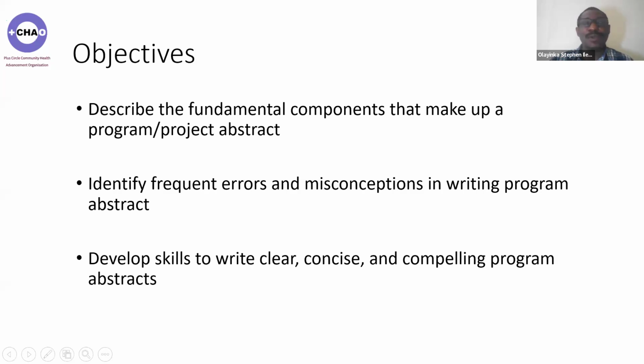Now, these are the objectives of the session for today. We are going to be describing the fundamental components that make up program project abstracts. I would like to remind us that last time we spoke about science and a research abstract.